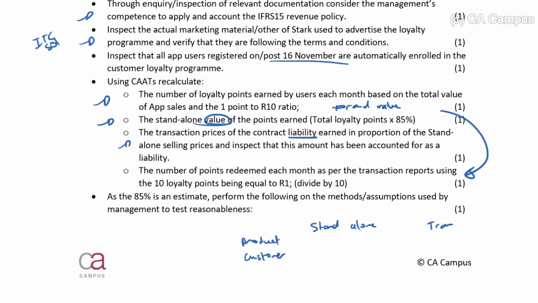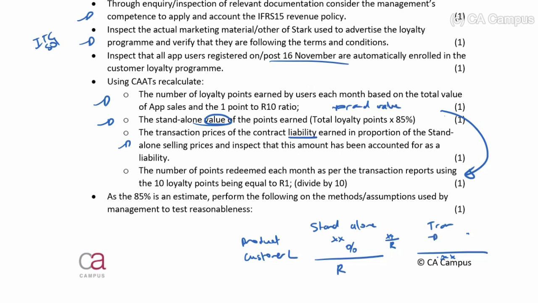Then your standalone price over here is what's going to be the total price over here. You're going to have to work out the standalone price for the customer loyalty program here, which is that percentage applied, and then you get a total here. So let's call this an R. Then to get my transaction price here, I have to take this divided by this times by this to get the amount there.